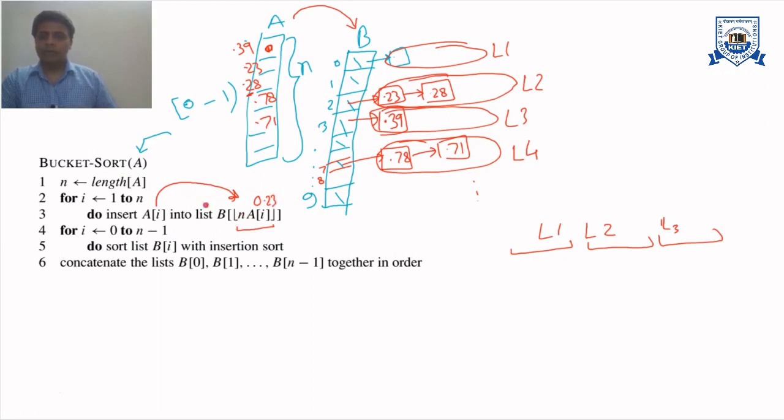If there are 10 elements, then 10 times 0.23, and we take the floor function of that. So we put this data in the second bucket.